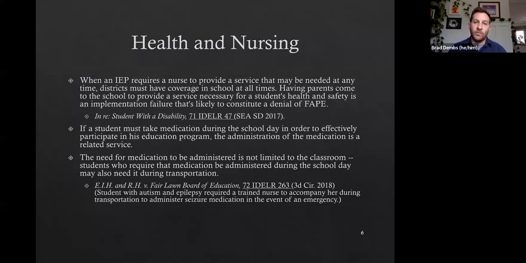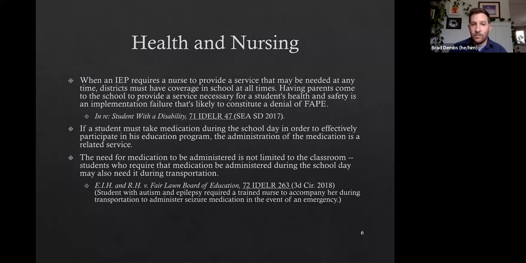And a parent should always be clear that even if they're agreeing to provide a service in the moment, they're not letting the district off the hook for that requirement.